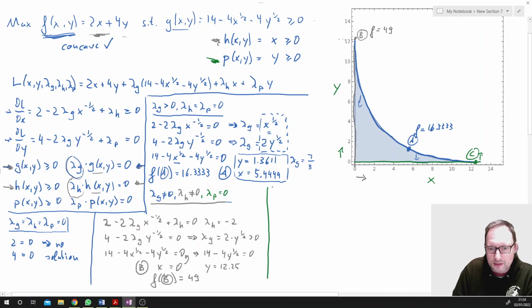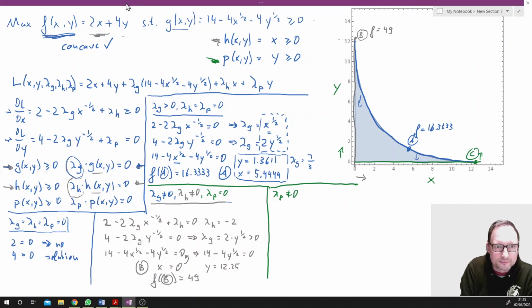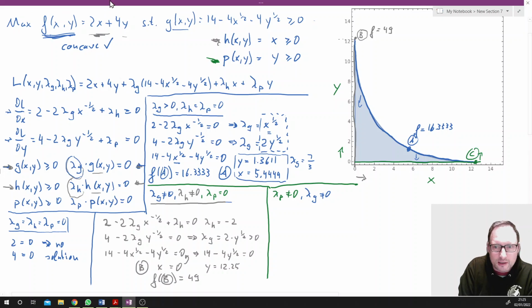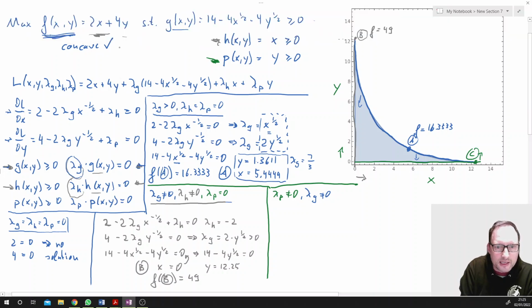Now let's do that calculation here, and now we do it correctly right from the start. I should mark that line here, where lambda P is unequal to 0, and the blue constraint also, so lambda G is unequal to 0, but the gray constraint, the H constraint, remains 0.